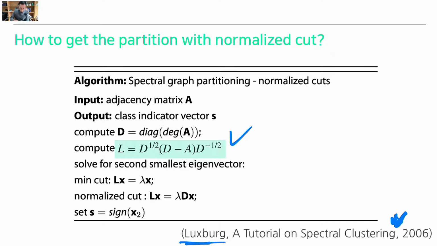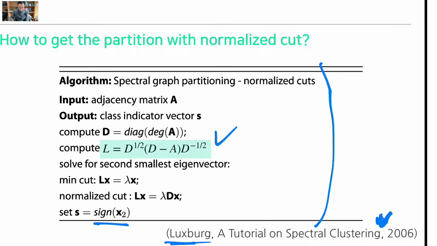We compute the normalized Laplacian like this. You understand what the D and A mean, right? Degree matrix and adjacency matrix. And we get the second smallest eigenvector once again, and considering the sign, we get the partitions. So output-wise, it still looks very simple, right?